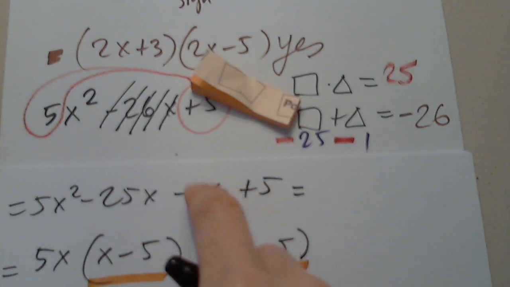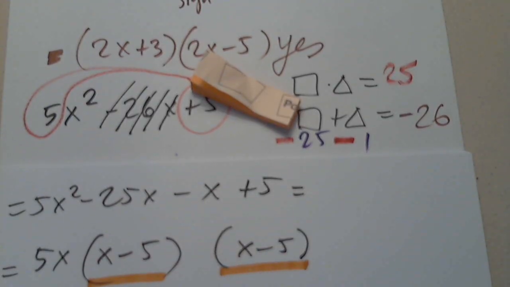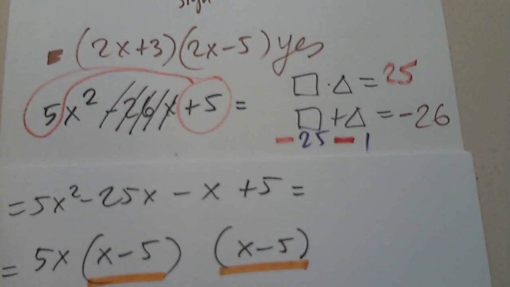This times this has to give us this. This times this has to give us this. We cannot fabricate it. It has to be there. Anybody, please?